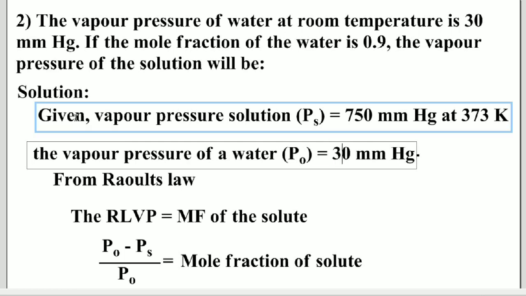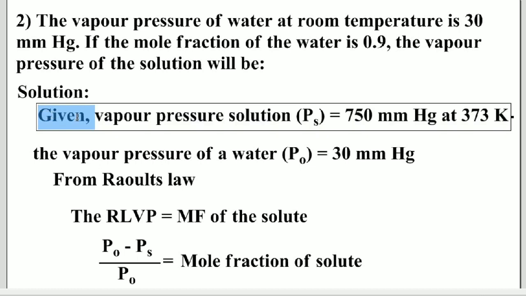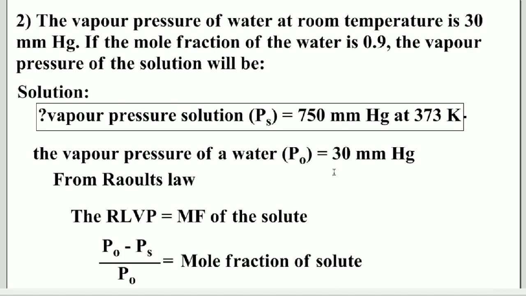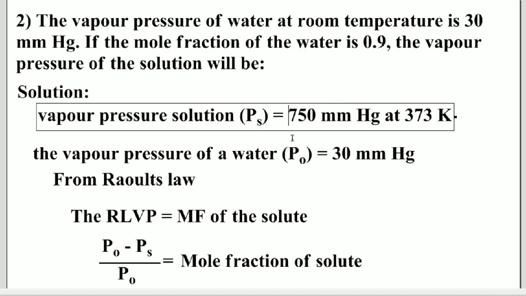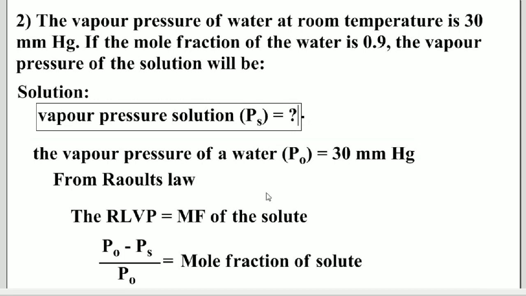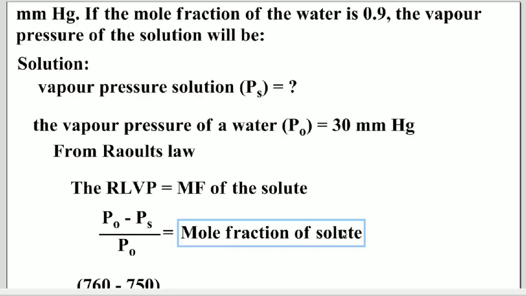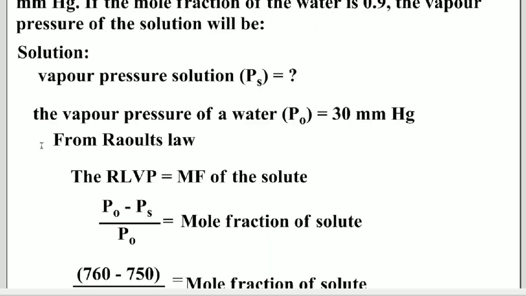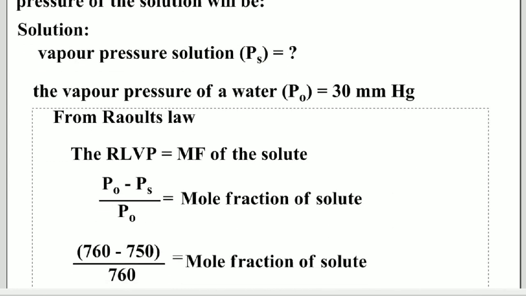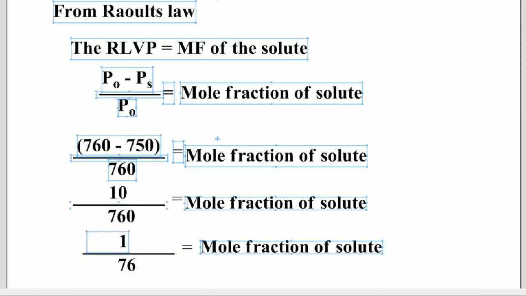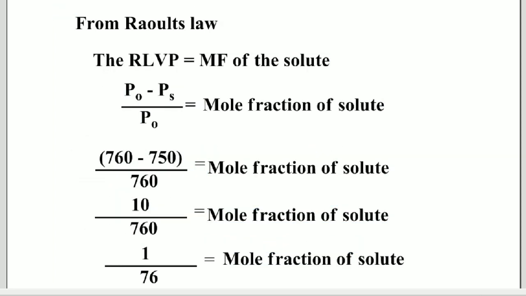Now we should find the vapor pressure of a solution. So students, we should find the vapor pressure of a solution. In addition to that, students, the mole fraction of the solvent is given. So we can write like this, students.